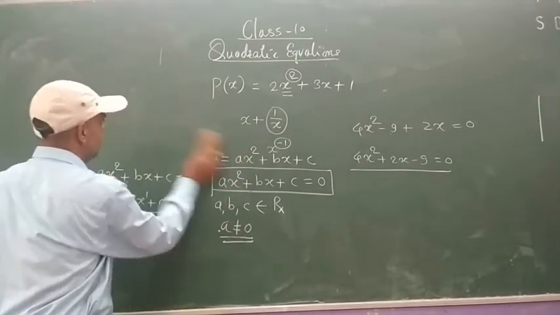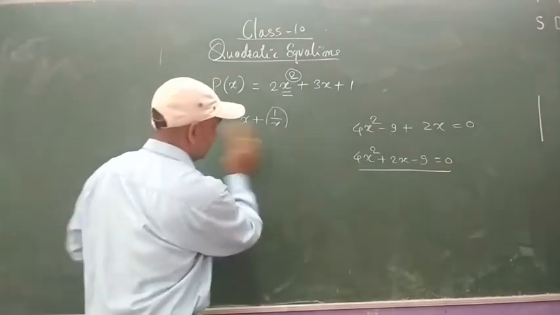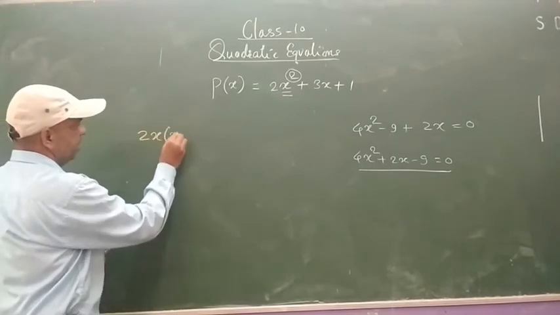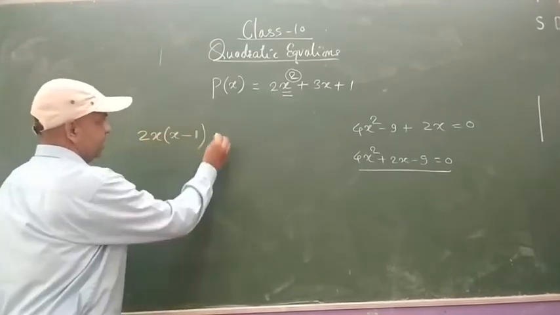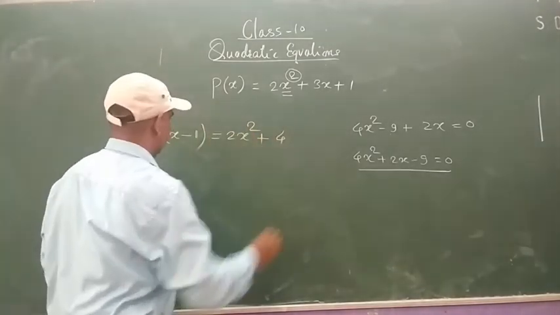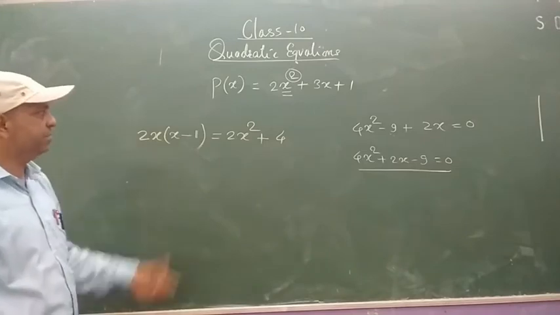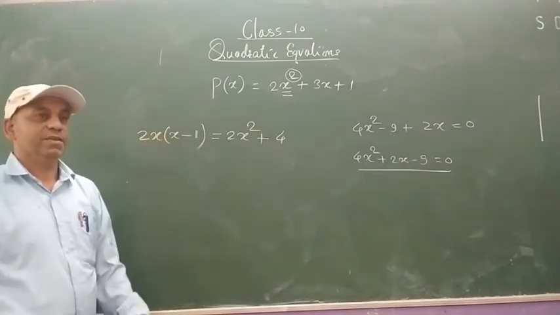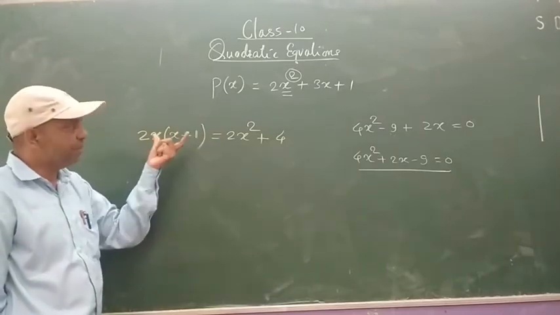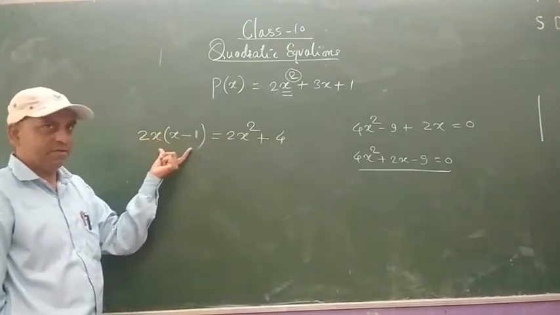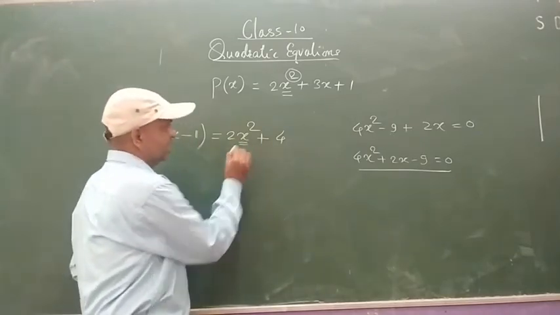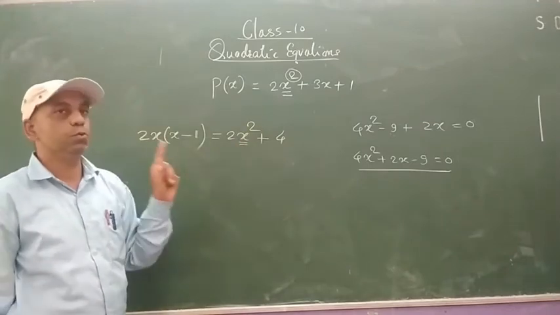Now see, suppose there is an example like this: 2x into (x minus 1) is equal to 2x squared plus 4. Can you say this is a quadratic equation? Guess whether it is quadratic or not. It seems like a quadratic equation because here x has degree 2.